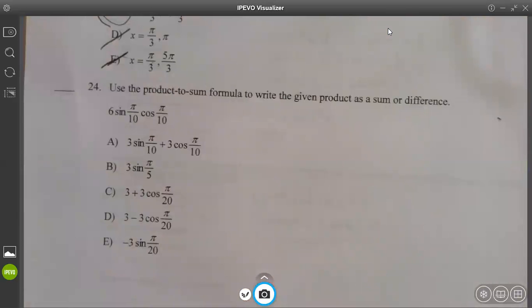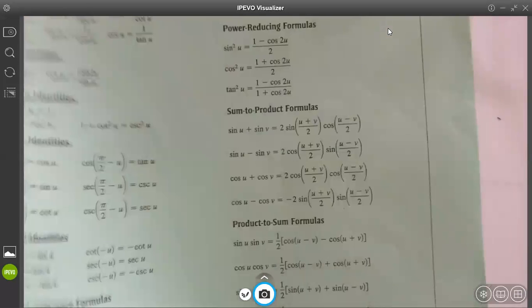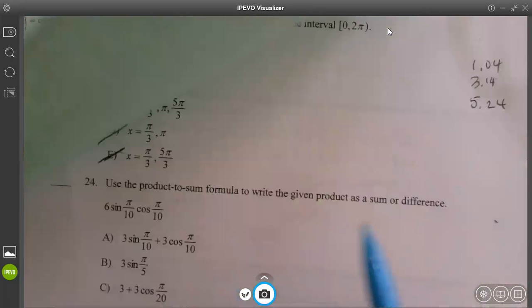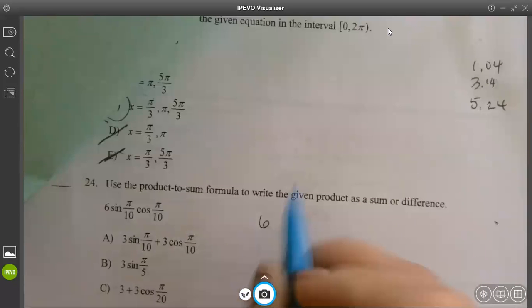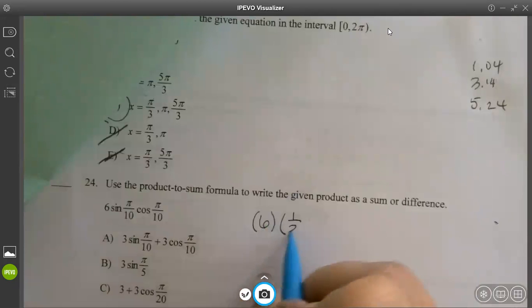For 6 sine pi over 10 cosine pi over 10, product to sum, it is sine cosine. So that's this one. We already have a 6 outside. So we just hang on to it. Your formula tells you to do 1/2.